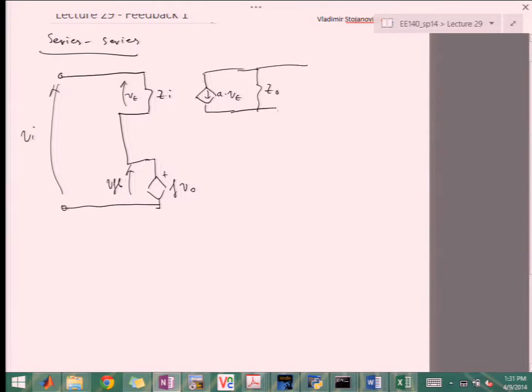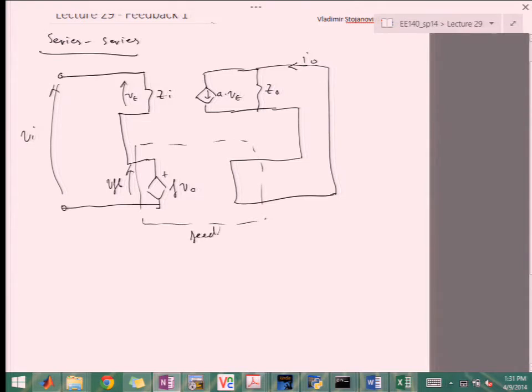We have Z naught, and then the series connection to sense the I naught at the output. Now again, this is the feedback. And this is the amplifier.